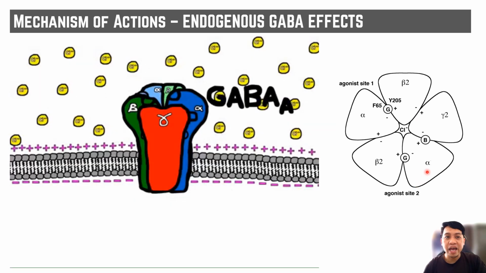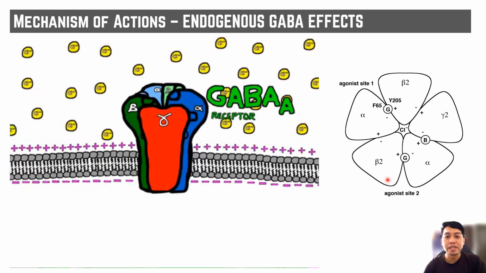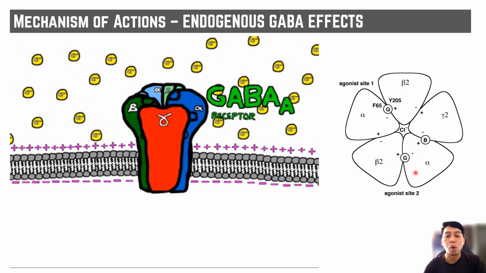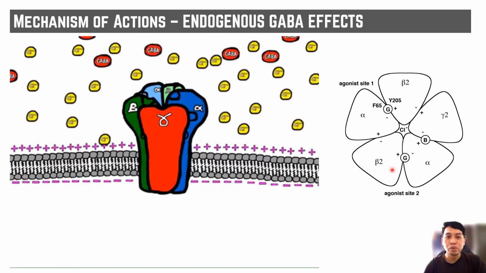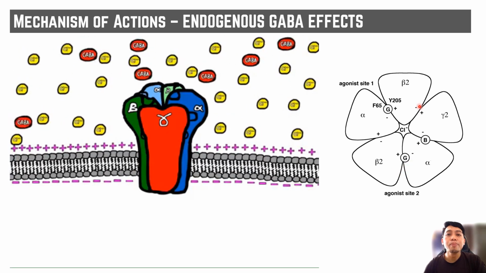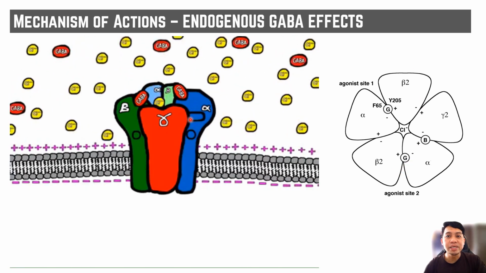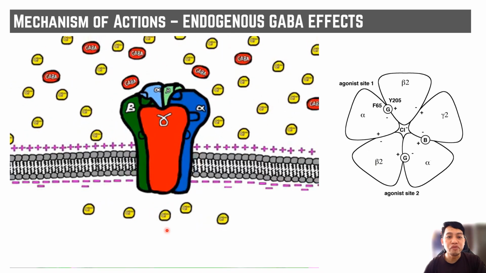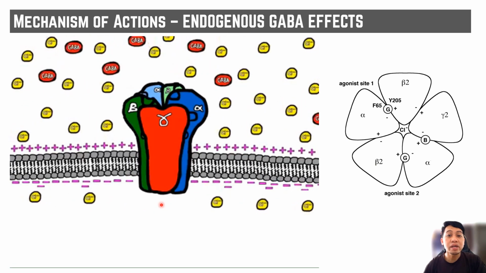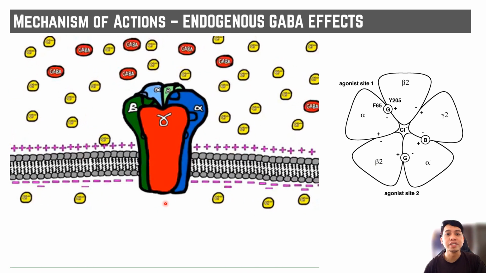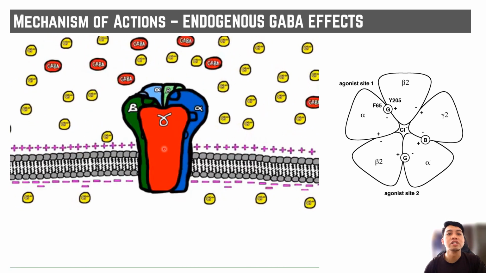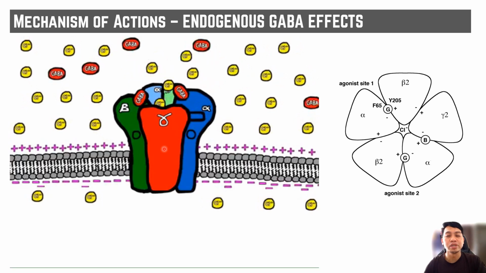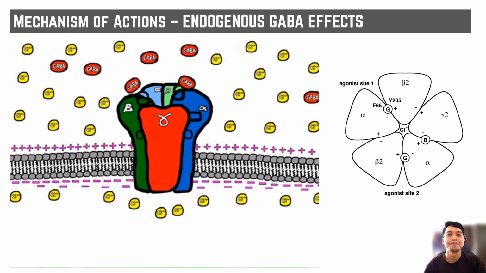In between the alpha and beta subunits is the GABA binding site. Once GABA binds to its receptor, it allows more chloride ions to enter the cell, known as influx of chloride ions, and can cause hyperpolarization, making the membrane less likely to depolarize, thus reducing the neuronal firing rate.